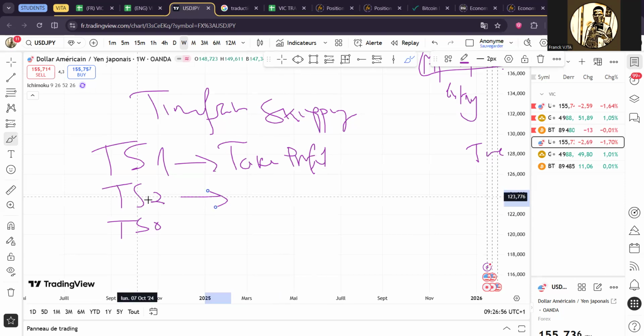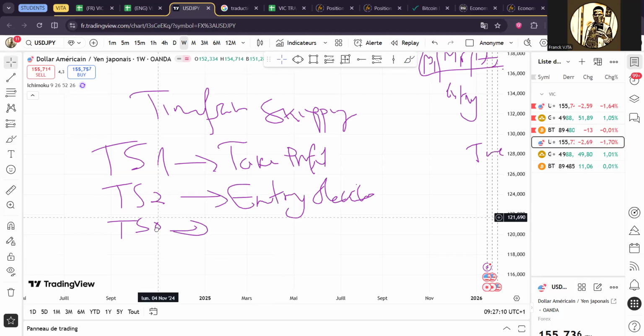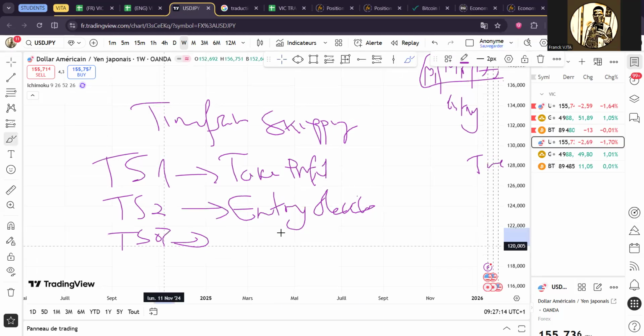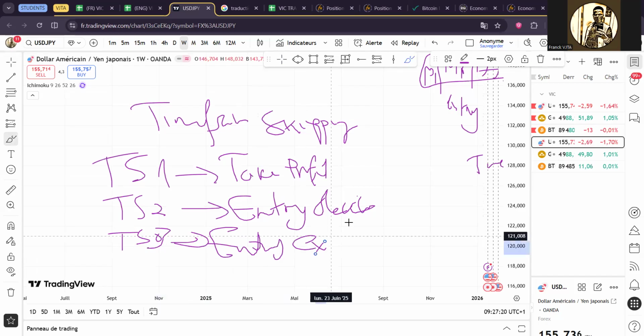The TS2, the time frame skipping tool, is more of the entry decision. And the TS3, where you skip three time frames down to the downside, is more for the entry execution.